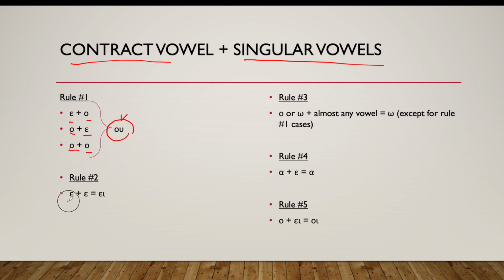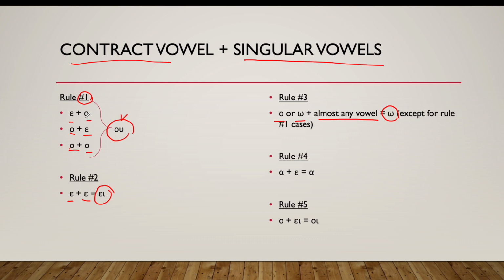Rule number 2, if you have 2 epsilons combining, you will get an epsilon iota. Rule number 3, if you have an omicron or an omega combined with almost any vowel, you're going to get an omega, except for the cases in rule number 1.